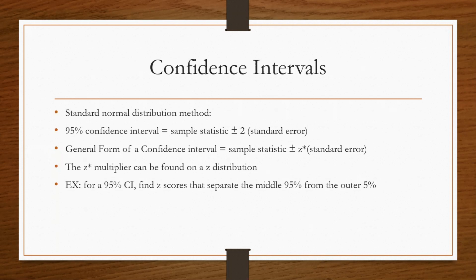It's basically kind of like the p-value. So, sorry, if it's for a 95% confidence interval, you find the z-score that separates the middle 95% from the outer 5%, it's pretty much the p-value.